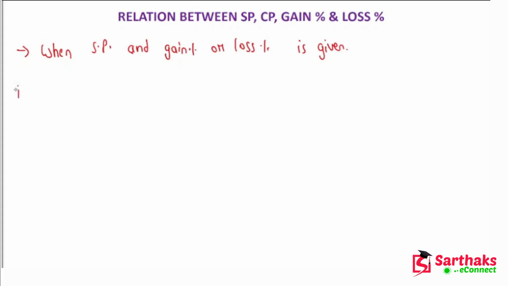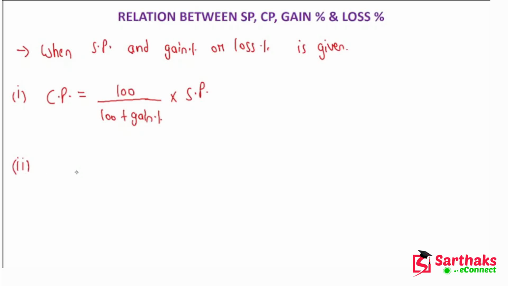CP. Let us calculate the formula for CP. You can use the above formula. If it is a gain, then cost price would be less, so the numerator is nothing but 100 and the denominator is 100 plus gain percent. The denominator is more, so this fraction will come out to be less than 1, into SP. So obviously cost price would be less than selling price.